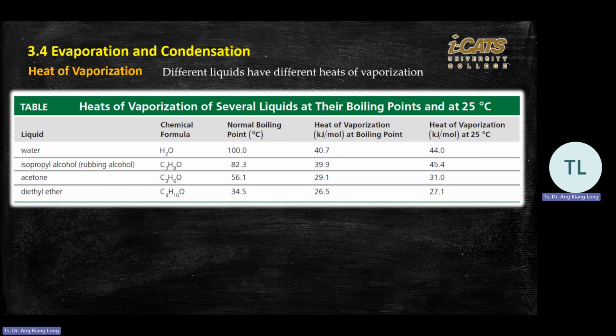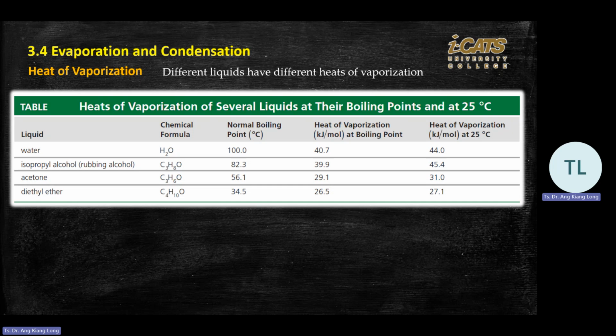So this is a table that you see. Of course, this is just one part of the table. Given a certain substance, chemical formula, normal boiling point, heat of vaporization at boiling point, and heat of vaporization at 25 degrees C. There are two different columns. You need to see what the question asks you.